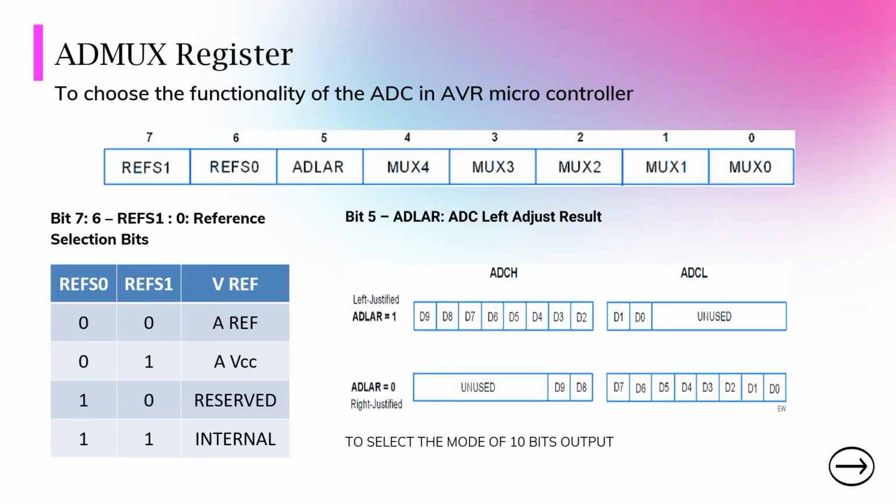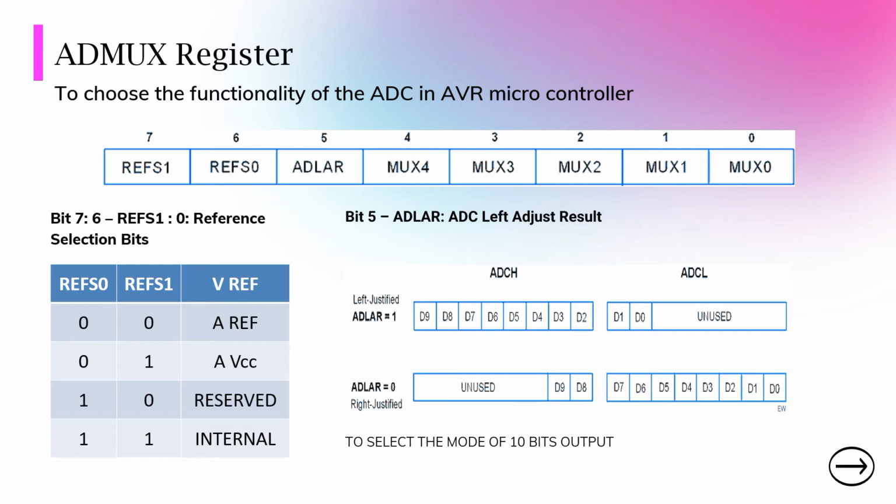When we take the ADMUX register, we have 8 bits in which the last 5 bits are used to select the channel, and the others are used to select the reference and adjust the results storage method.